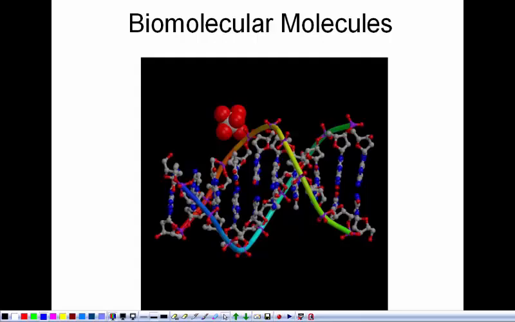Bioorganic or biochemical crystallography is much more complicated because there's a lot more atoms, and the crystals tend to be smaller and harder to get. But when you see protein structures in your genetics or your biochemistry or your general bio textbook, or you see the structure of an enzyme or RNA or DNA, chances are it came from X-ray crystallography.